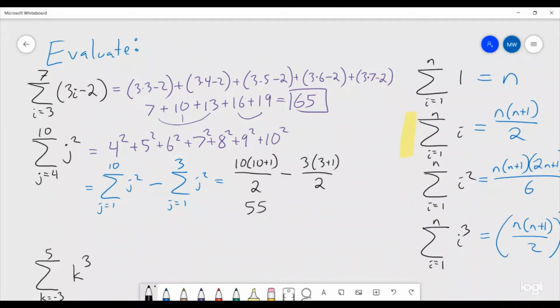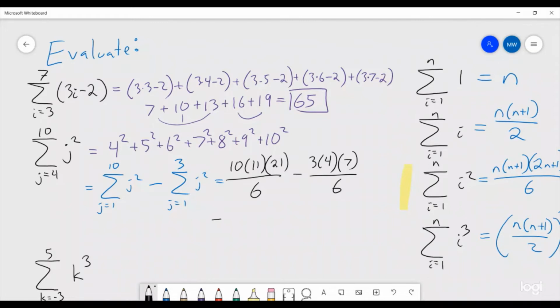Oh, whoops, I added up the wrong one. My mistake. That is not this one. That is this one right here. Okay, so fixing that and actually adding up the right pieces, we get 10 times 11 times 21 divided by 6 minus 3 times 4 times (2 times 3 plus 1), that's 7, divided by 6.